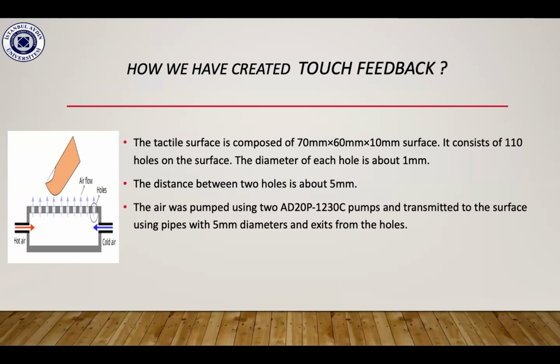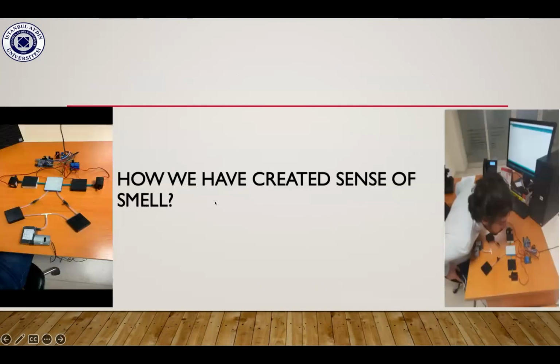The diameter of each hole is about 1 millimeter. The distance between two holes is about 5 millimeters. The air was pumped using this pump and transmitted to the surface using pipes with 5 millimeters diameter and exits from the holes.